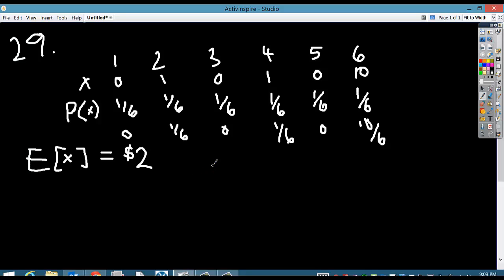And standard deviation of X. Now I know I worked this out. Oh yeah, here we go. Okay, so the standard deviation is the square root of the variance. Variance is what we get when we take our $2, subtract it in turn from each of these, then square and multiply by the probability.